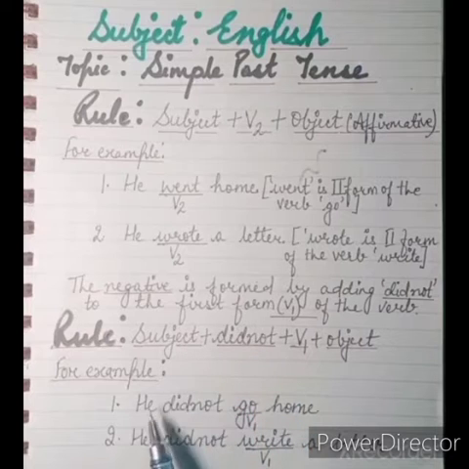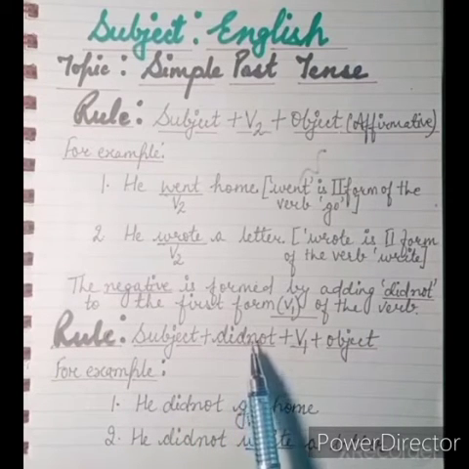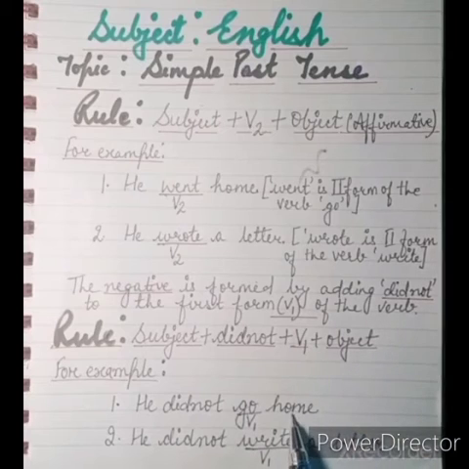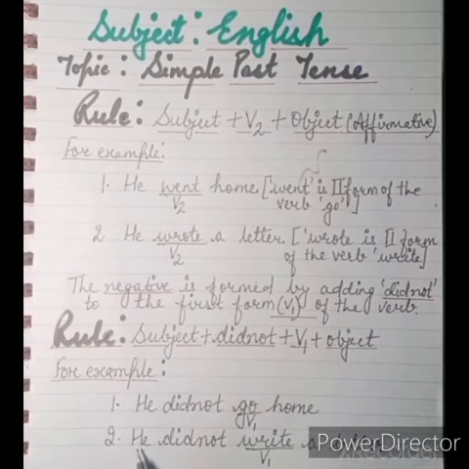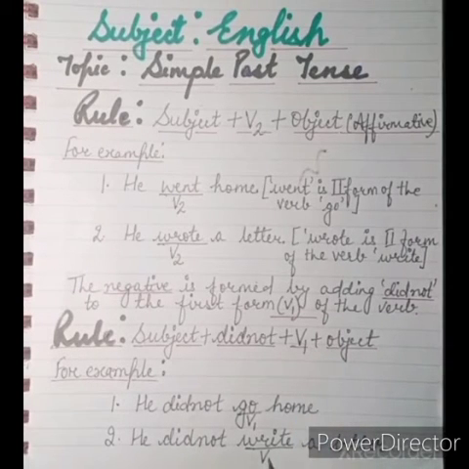According to the rule, here the subject is he and we have to add did not to make the sentence negative, plus first form of the verb plus object. Second example, he did not write a letter.